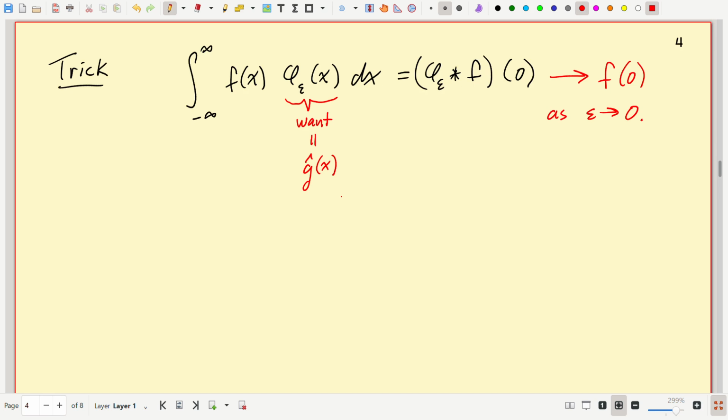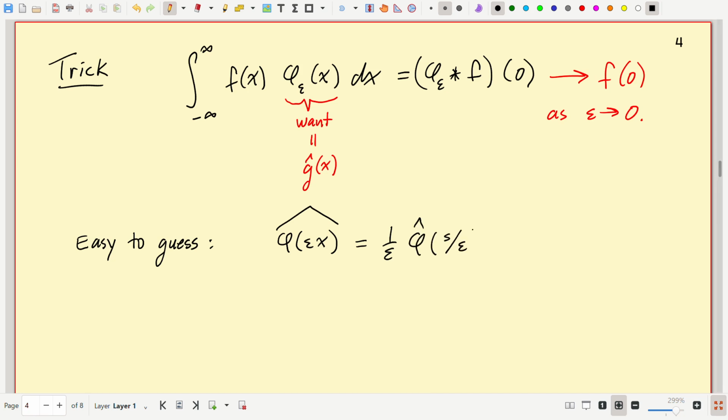It's actually pretty easy to guess what the g should be, because we have all these rules about the transform. So let's see, what do we know? We know for phi of epsilon x, the transform of the dilation is 1 over epsilon phi hat of s over epsilon. We have that formula.